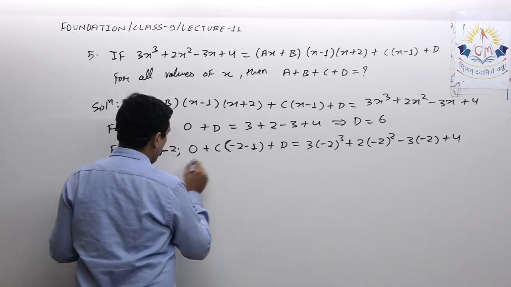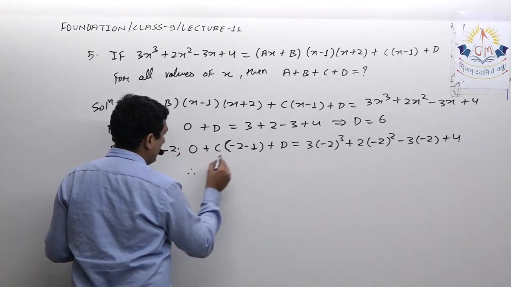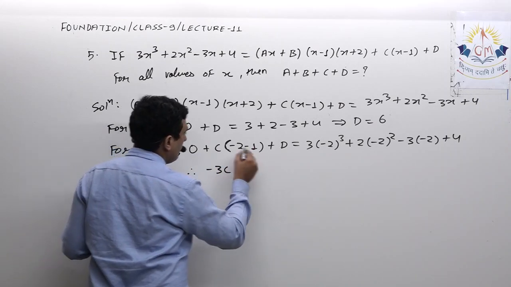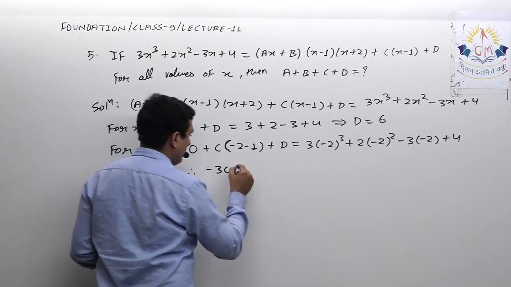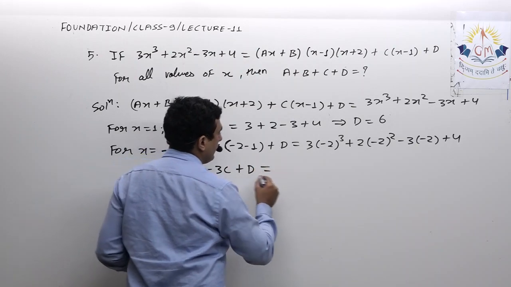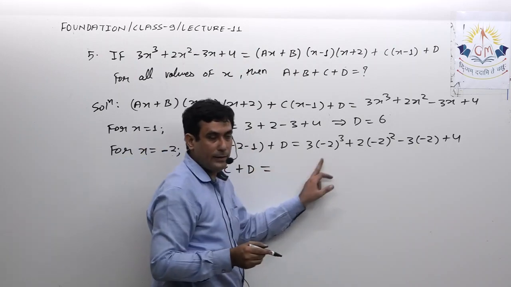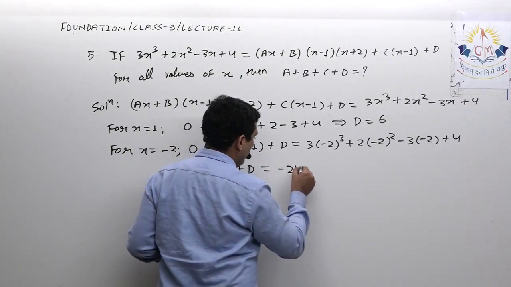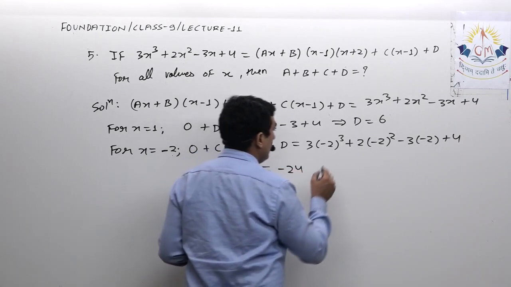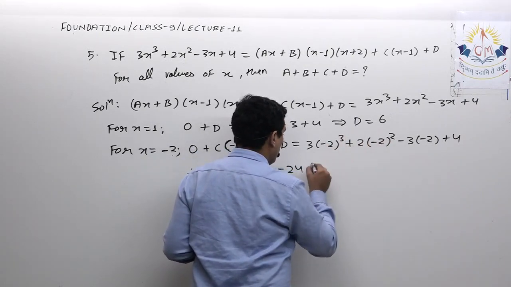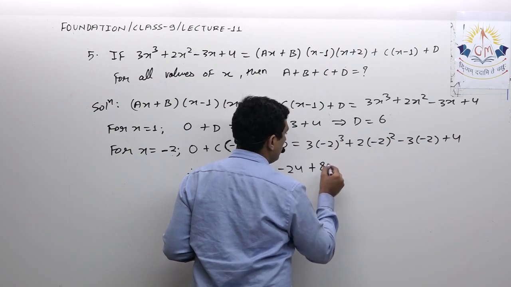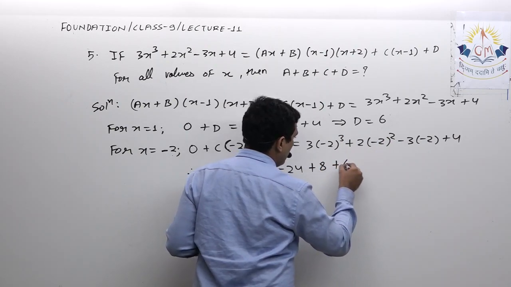Therefore if I solve this further, I will get minus 3c plus d is equal to, this is minus 8 into 3, minus 24, then this is 4 into 2 that is 8, then plus 6 plus 4.